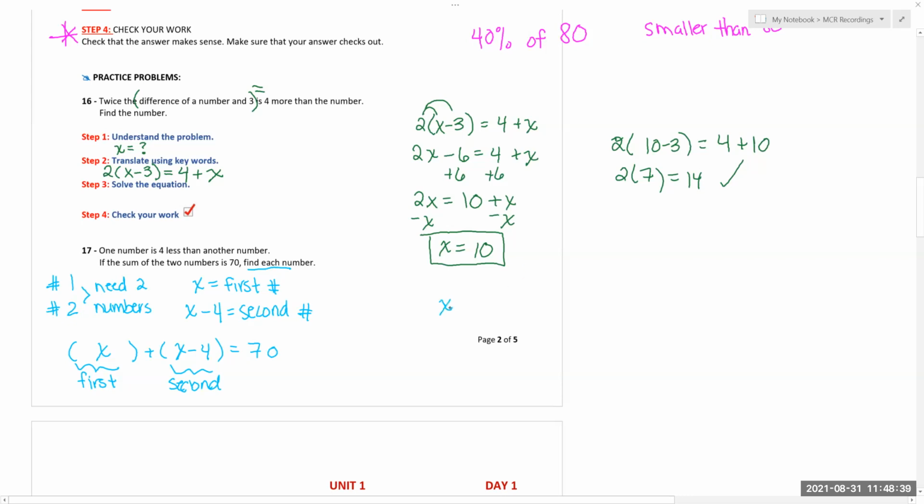All right, so it's x plus x minus 4 equals 70. 2x minus 4 equals 70. 2x equals 74. So x is 37. That's my first number. The second number is x minus 4, so my second number is 33.